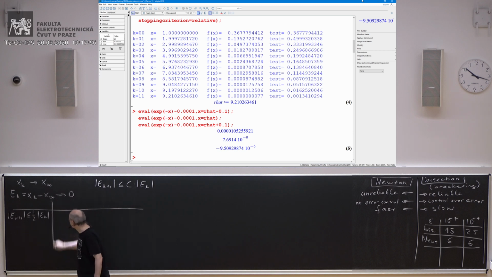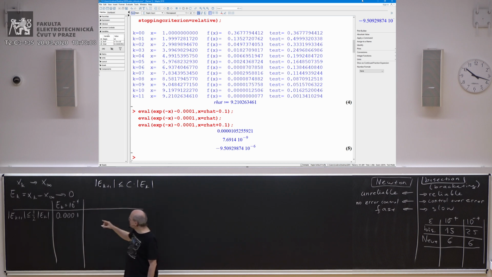So we start with error EK, which is 10 to negative 4, which is 0.1, 3 zeros, and 1. What happens after we pass to the next stage, to k plus 1? Well, EK plus 1, we just divide by 2, and we get 0.0005.